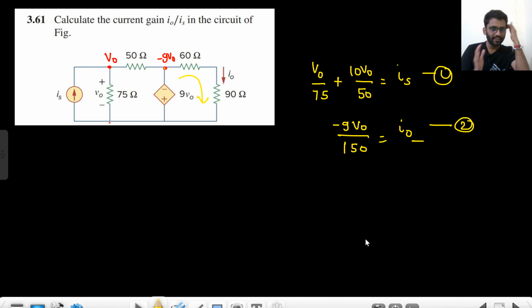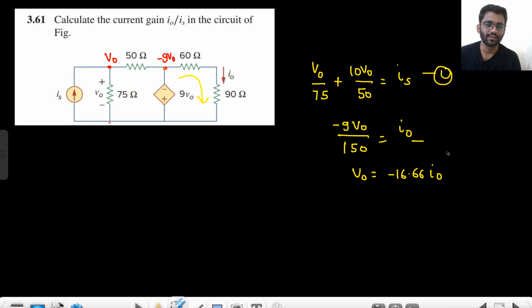Now you need to find the value of I node by Is. So you need to replace V node with minus 150 by 9. What is the value of 150 by 9? Minus 16.66 I naught.